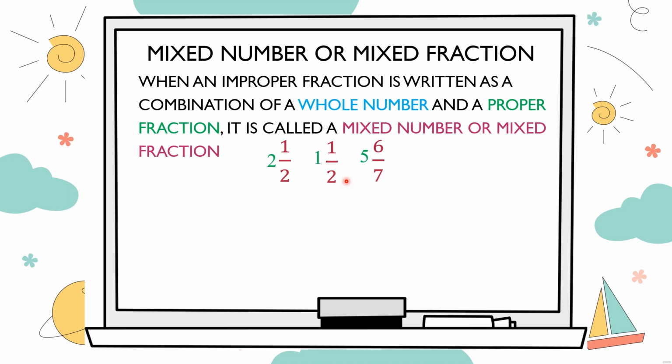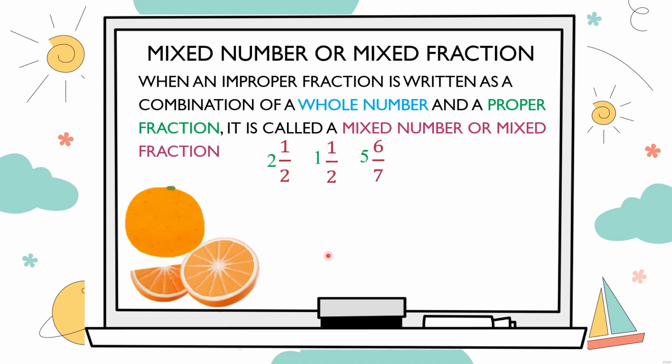In a proper fraction, the numerator is smaller than the denominator. 5 6/7. Here 5 is a whole number and 6/7 is the proper fraction. Let's take the example of some orange. Let's try to visualize. Here this is half of an orange and this is 1/4 piece.